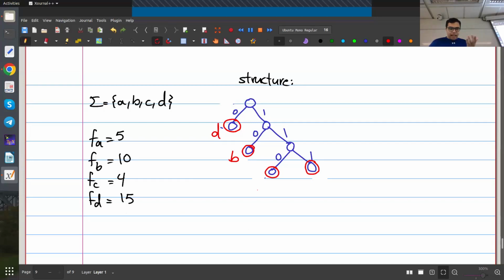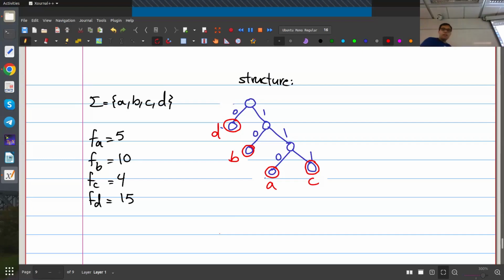And finally, I have C and A. It doesn't really matter because both of these have a cost of 3, right? So it's like 110 has a length of 3, and 111 also has a length of 3. So I'm going to put either C here and A here, or the opposite. It doesn't really matter. As you see, we have more than one optimal.